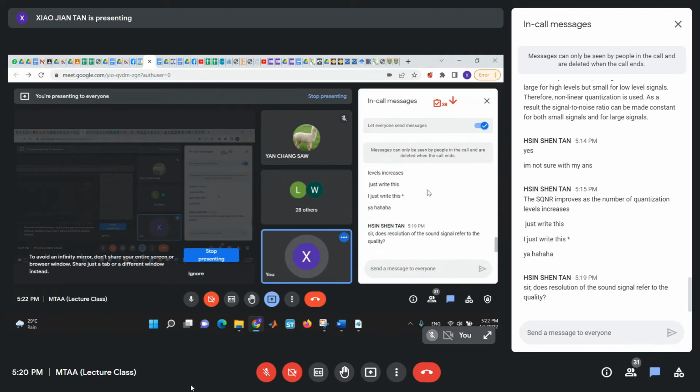But here it is referring to how you sample, I mean, how many samples you get in terms of the time domain, which is the x-axis, and how many samples you get in terms of amplitude, which is the y-axis. So a higher resolution means a higher quality, and your file size is higher as well. Okay, so this is the correlation.